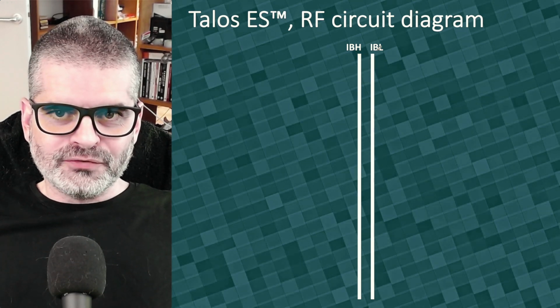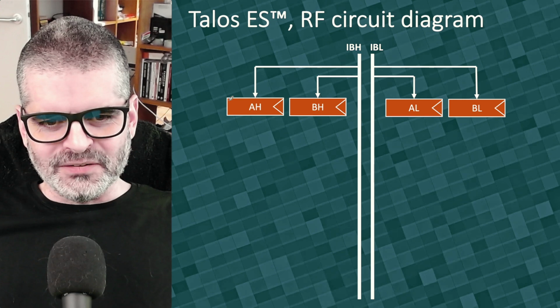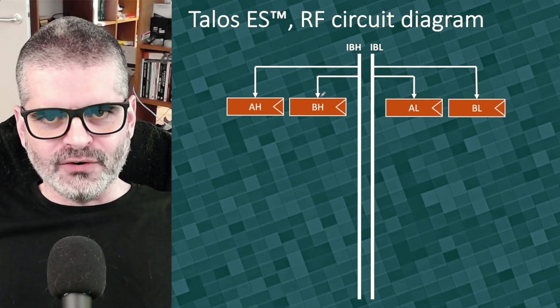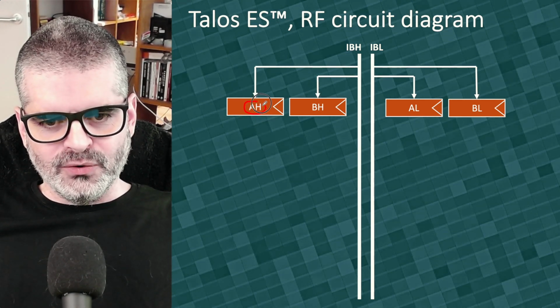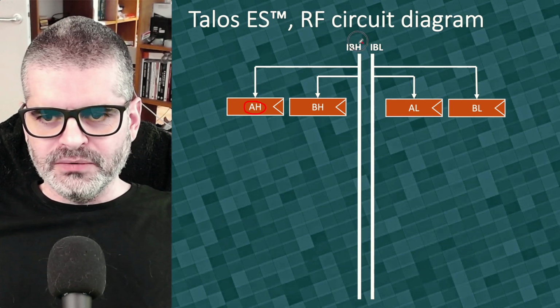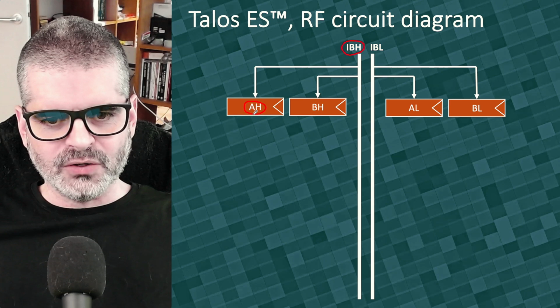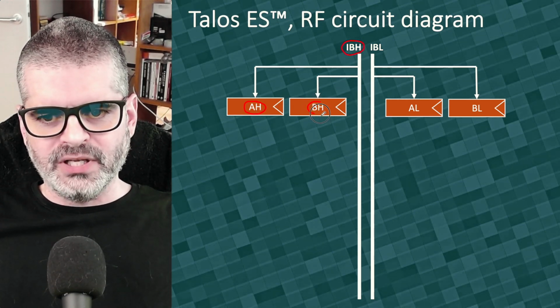Now, of course, for the register file card, we need the registers themselves, which are shown here, and they are connected to the internal bus for input. In other words, I can load into A high a value in the internal bus high. I can take the value in the internal bus high and load it into register A high. I can load that same value in B high.